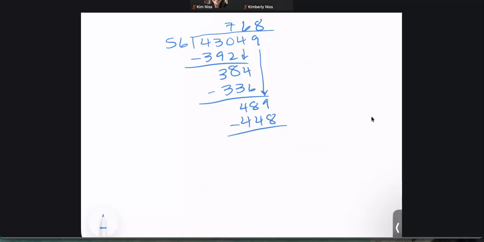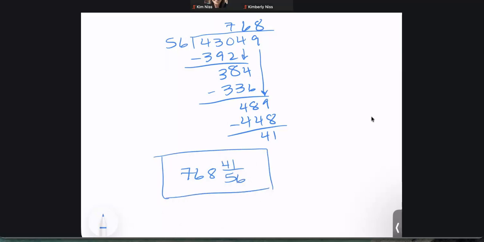So we're going to subtract through. So 9 minus 8 is 1. 8 minus 4 is 4. So that's our remainder. So turning all of this back into a mixed number gives us 768 and 41 over 56. And that is our final answer for this problem.